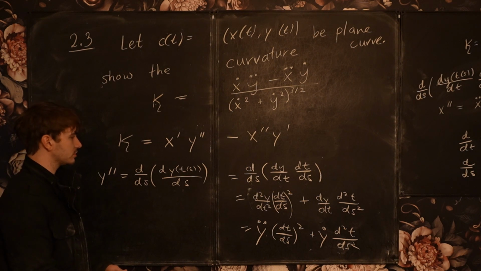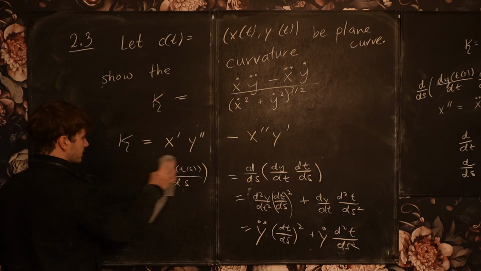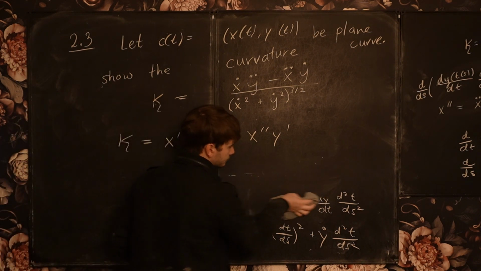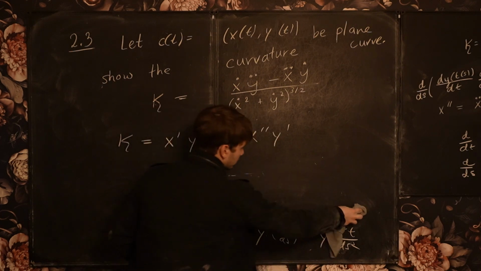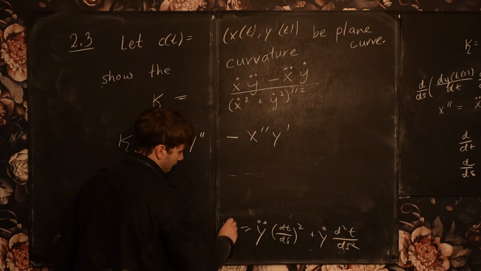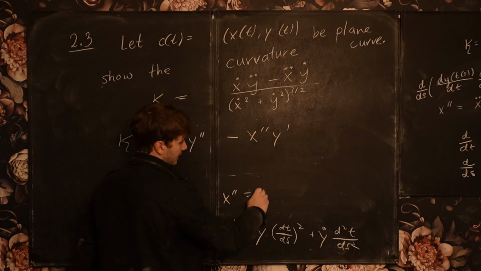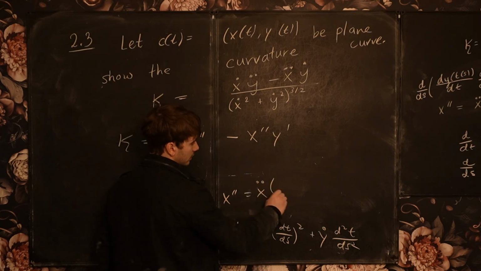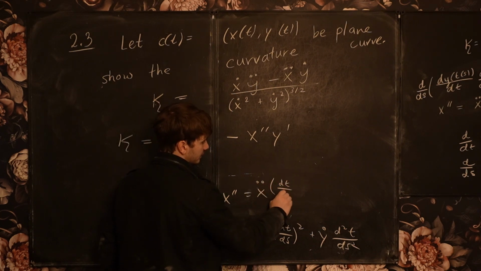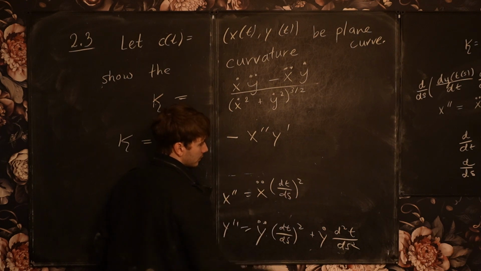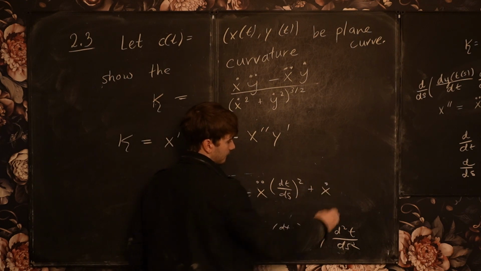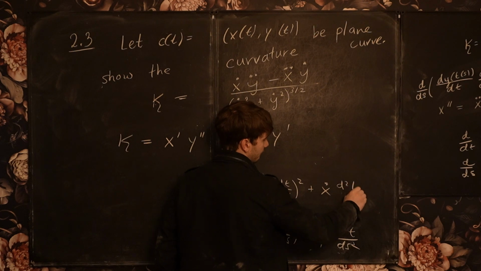So this is our expression for y double prime. And then similarly, x double prime is going to be x double dot, the second time derivative of x, times dt over ds squared plus x dot d squared t over ds squared.